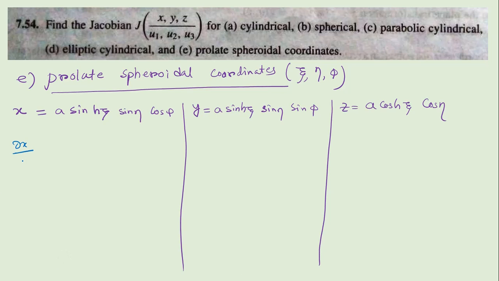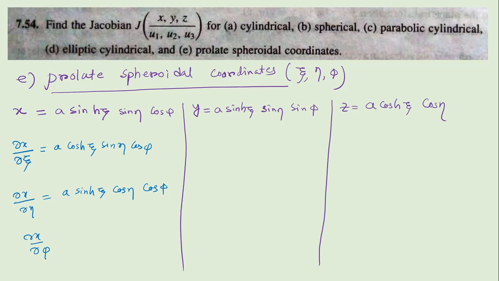Del x del xi is a cosh xi sin eta cos phi, del x del eta is a sinh xi cos eta cos phi, and del x del phi is minus a sinh xi sin eta sin phi.